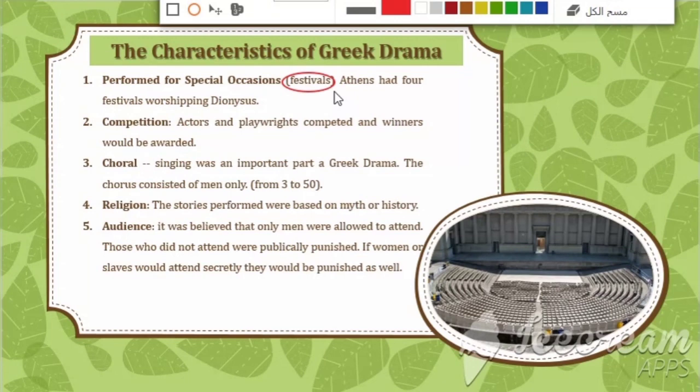Dionysus was worshipped, and the plays that were presented were written by Sophocles or Aeschylus or any other playwright. So there was a sense of competition. Actors and playwrights competed, and winners would be awarded. What was the reward? As I told you, the playwrights were given more costumes, more masks, more things to improve their plays.